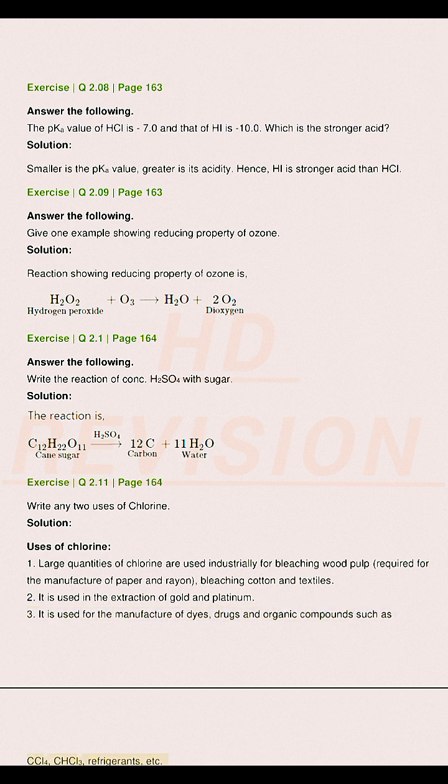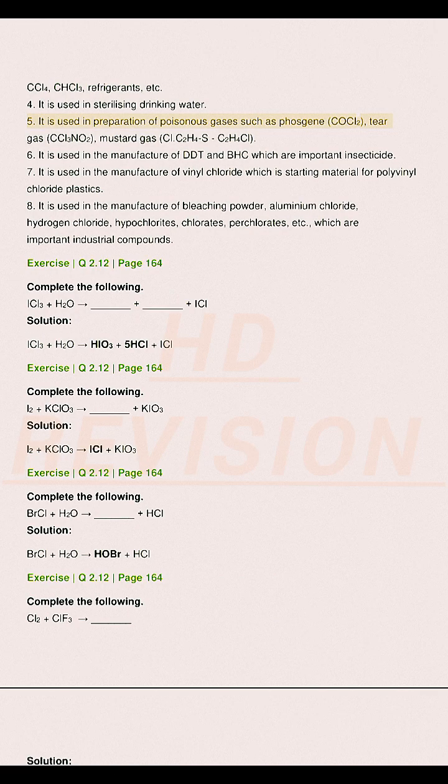3. It is used for the manufacture of dyes, drugs and organic compounds such as CCl4, CHCl3, refrigerants, etc. 4. It is used in sterilizing drinking water. 5. It is used in preparation of poisonous gases such as phosgene, COCl2, tear gas, CCl3NO2, mustard gas, (ClC2H4)2S. 6.